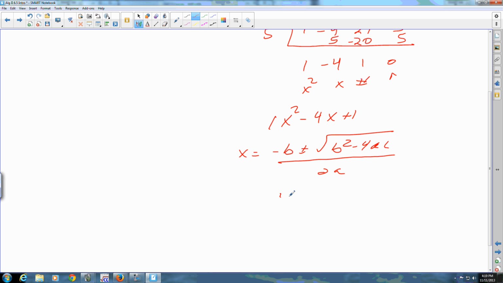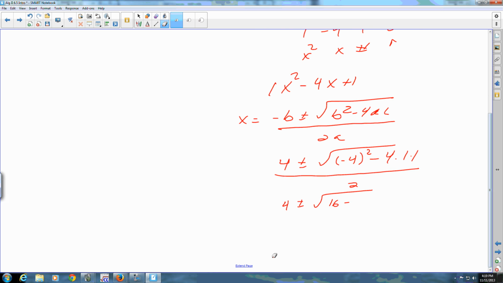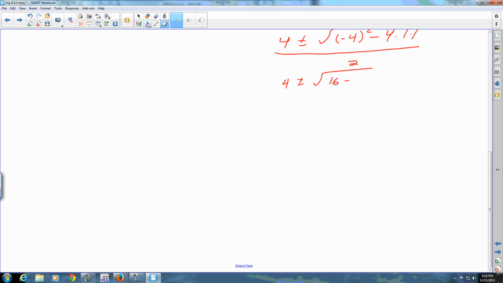So, opposite of b, 4, plus or minus negative 4 squared minus 4 times a times c all over twice a, which would be 2. 16 minus 4, there we go, all over 2.